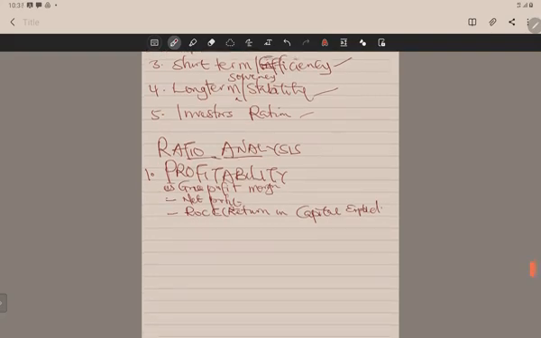After ROCE, we have ROE, return on equity. After we have our return on equity, the number 2 is liquidity.